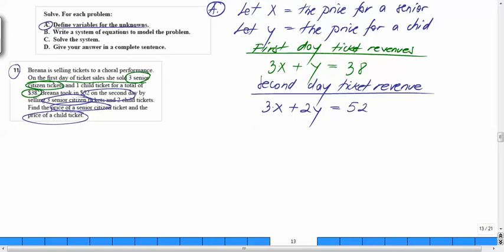Is it 52 or 62? I think it's 52. I'm kind of covered. 52.